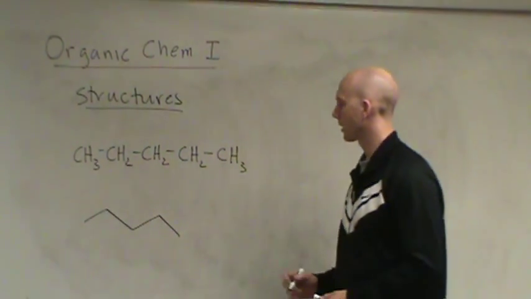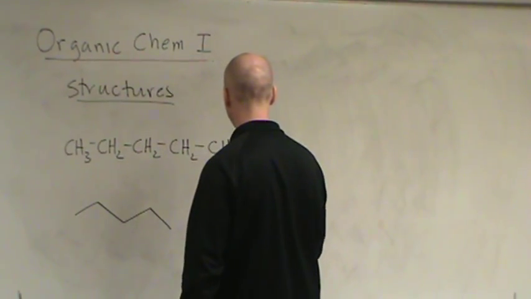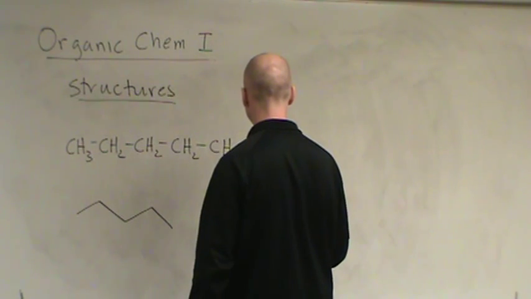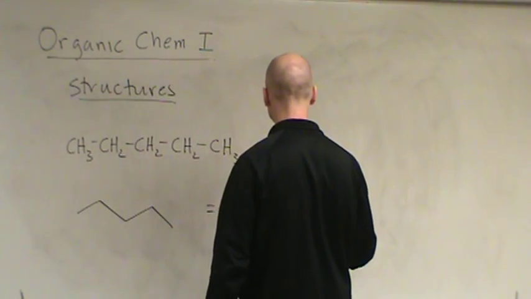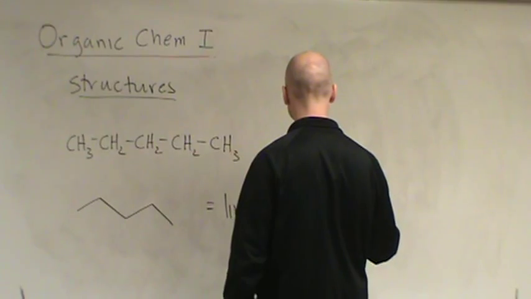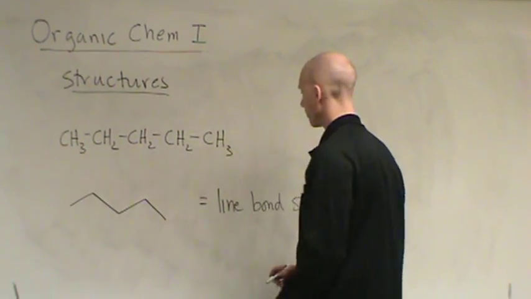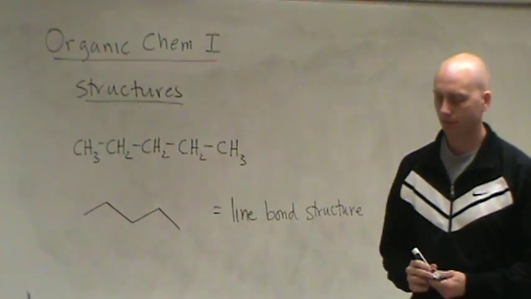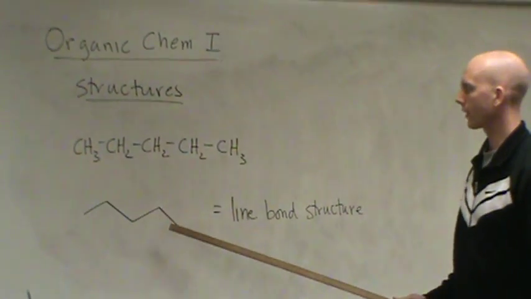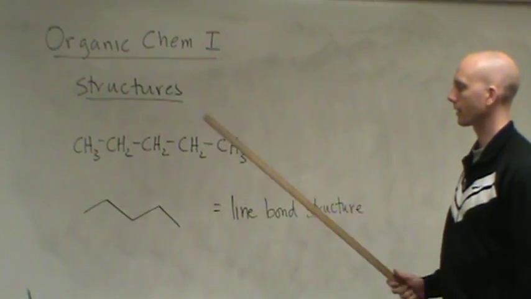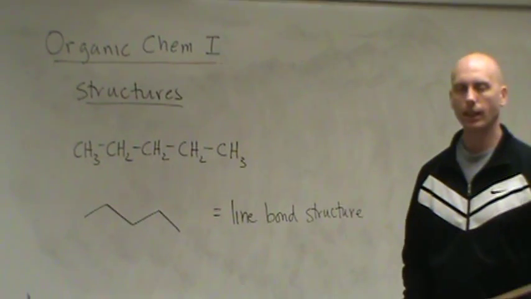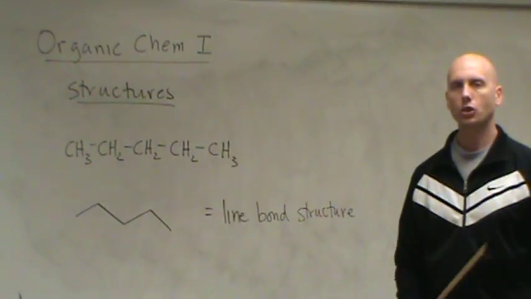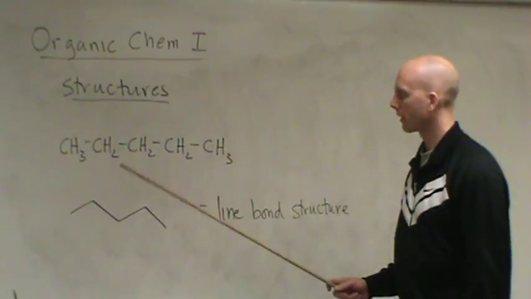Okay? So this is what's called the line bond structure. Okay? So this thing down here is the same thing as what's up here. How's that? Okay? So make sure you follow me here.